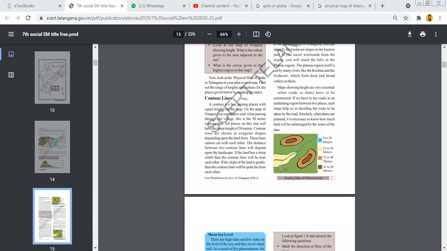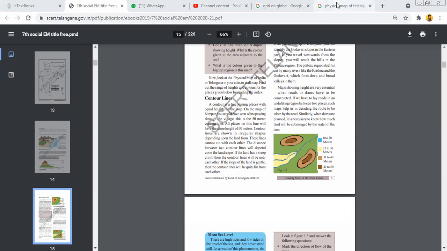It is an ocean, we should fill it with blue color actually. Green color is given for 50 meters height, another color for 100 meters height, and another color for more than 100 meters. By seeing these shades, we can understand the heights of the places.